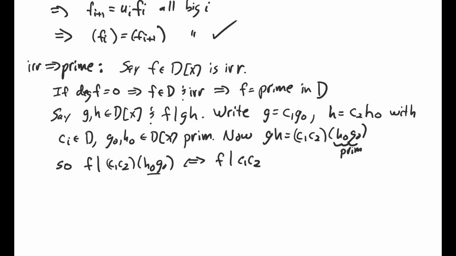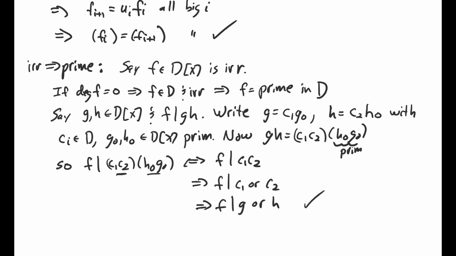So the only way f can divide this is if f divides these constants. That tells you f divides c1 or c2, and then we're done. Since f is prime in D, f divides c1 or c2. And looking back, that just means f divides g or it divides h.